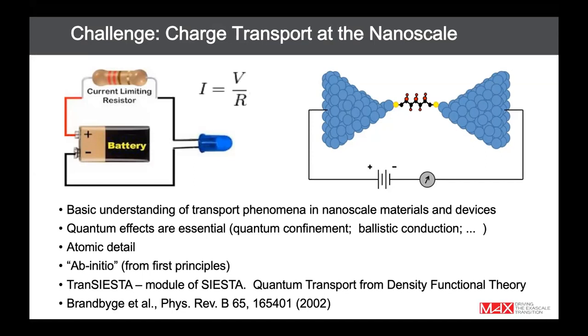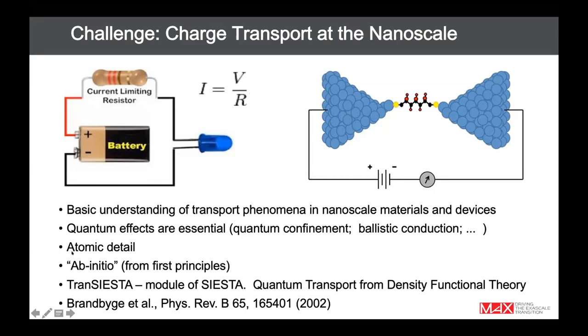And you also have ballistic conduction, in the sense that the mean free path of the electrons in the molecular device or the nano device is very short compared to the scattering times with phonons, with electrons, and with defects. So you truly have fully quantum effects that you have to take into account. You cannot do this with semi-classical approaches like the ones you deal with in classical electronic devices.